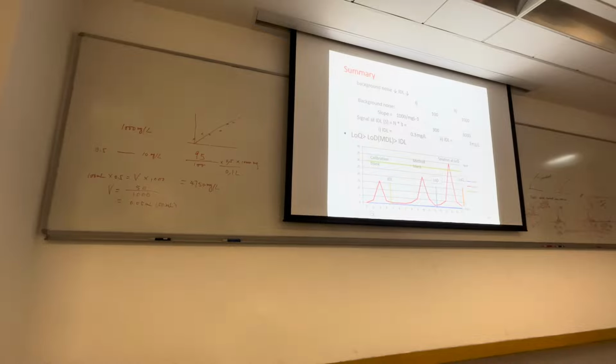And at the LOQ point, of course, the signal and the concentration will be the highest, okay? So at such a high concentration, the signal is larger, so you can certainly quantify the result accurately. That is the concept, okay?